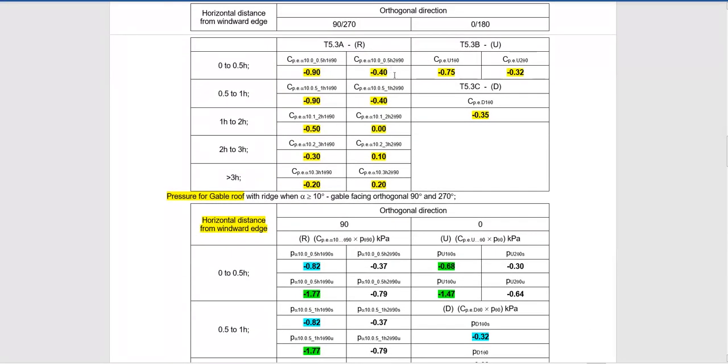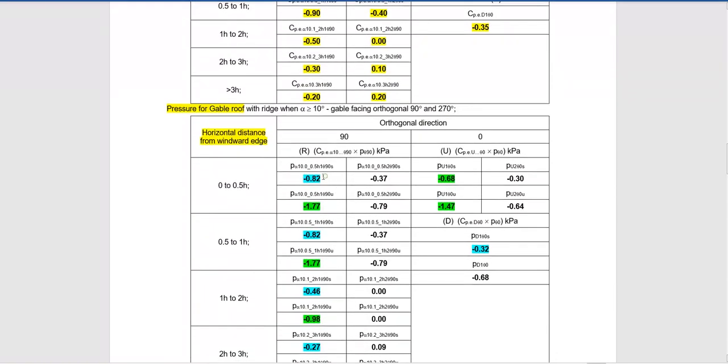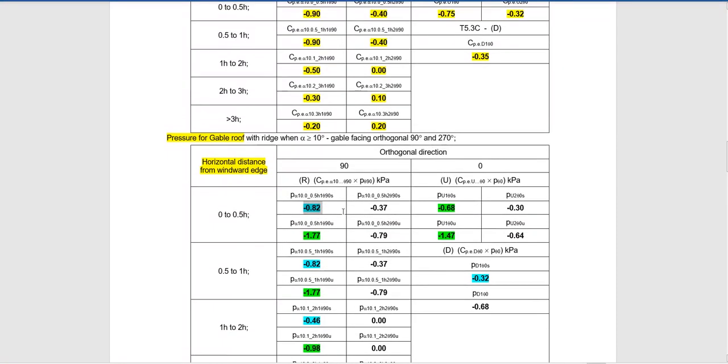In these two scenarios, what the code says is that you are going to take the maximum value after you have got your net pressure. So in this case, I've got two values, which are negative 0.82 and negative 0.37.